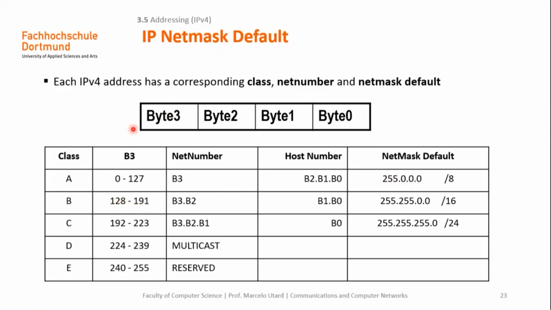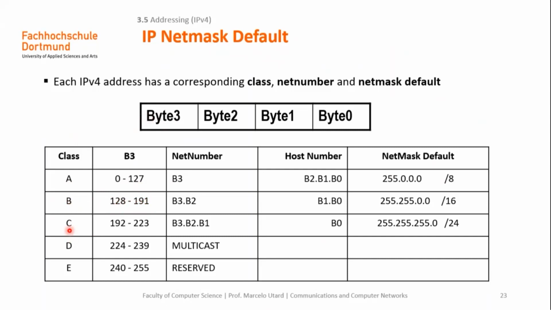Remember, in the B class, we have the most significant bit in 1, and the next most significant bit in 0. That's why the addresses between those numbers are class B addresses.